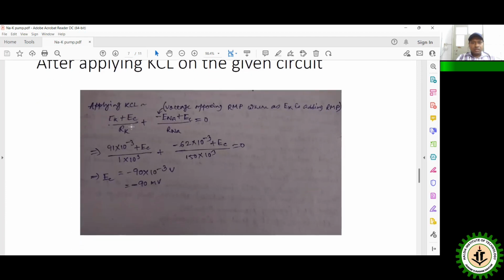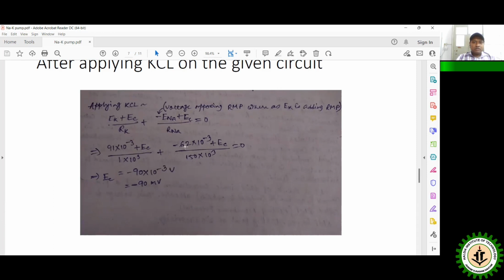So it is EK plus EC by RK plus minus ENA plus EC divided by RNA, which is equal to 0. Now we replace the values. EK we have taken as 91 millivolt, that is 10 to the power minus 3, plus EC divided by RK's value, which we have taken as 1 kilo ohm, 1 into 10 to the power 3 ohm.